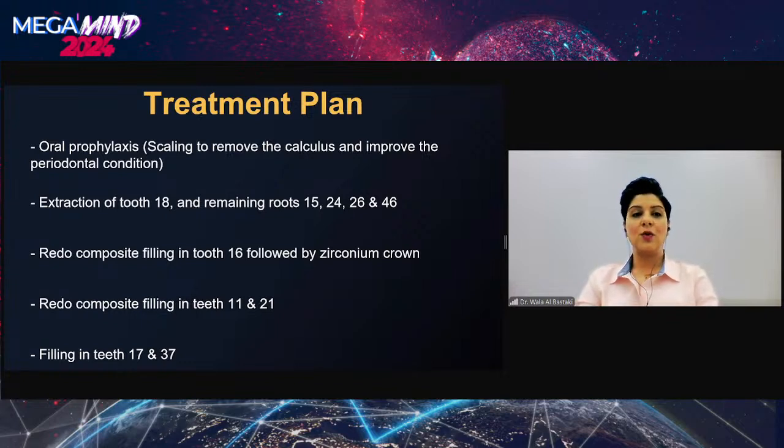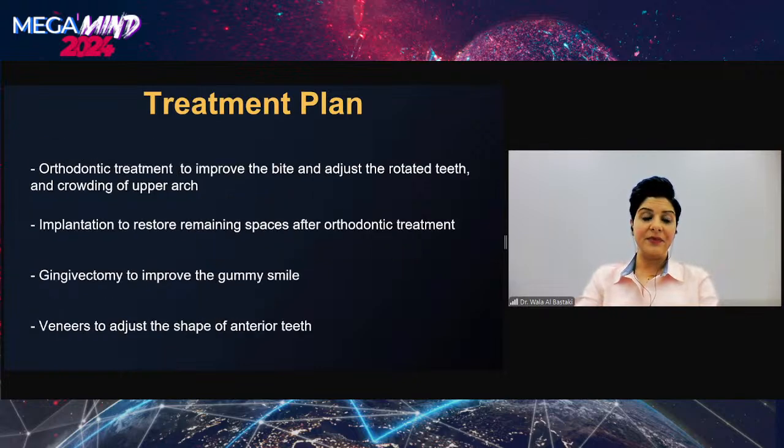So I wanted to start with oral prophylaxis, scaling to remove the calculus and improve the periodontal condition, extraction of the upper right wisdom tooth and the remaining roots 1/5, 2/4, 2/6, and 4/6, redo the composite filling in tooth 1/6, followed by zirconium crown to protect it because it was root canal treated, redo composite filling in teeth 1/1 and 2/1, filling in teeth 1/7 and 3/7, then orthodontic treatment to improve the bite and adjust the rotated teeth and crowding of the upper arch.